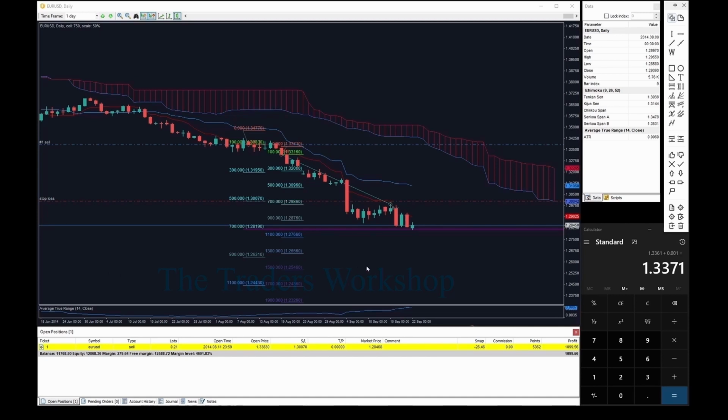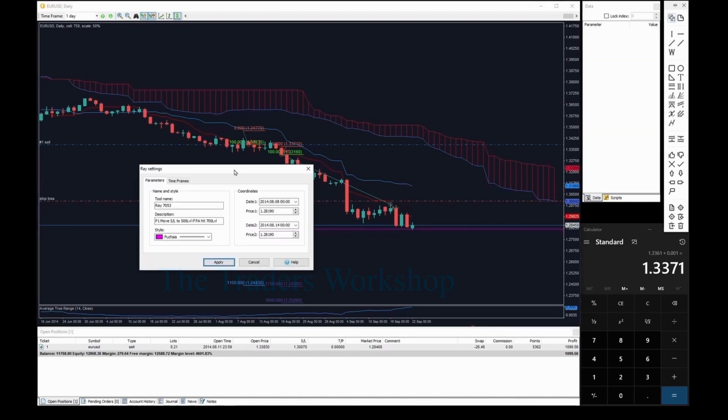Now, let's build the new stops trailing scenario for the next level. If the market continues the trend lower and hits level 900, we will move the stops from level 500 down to level 700 at the exact price as indicated by Fibonacci. Then, let's edit the ray line's description and update the next price level.